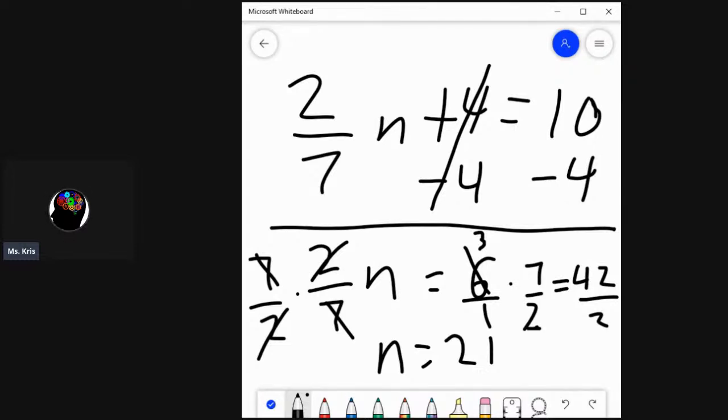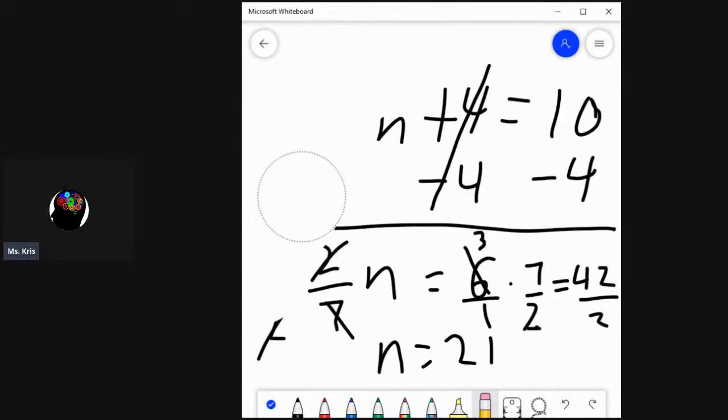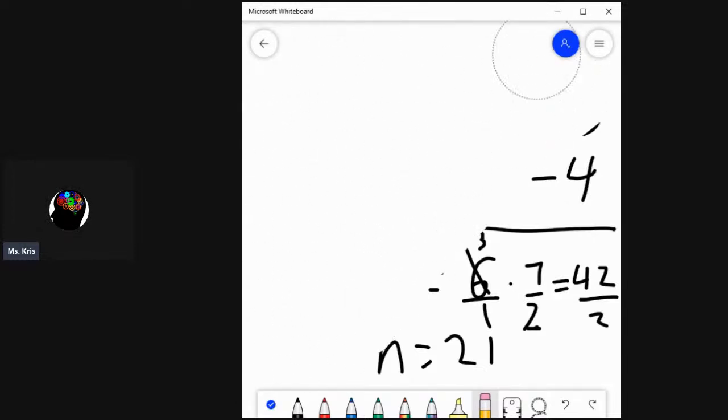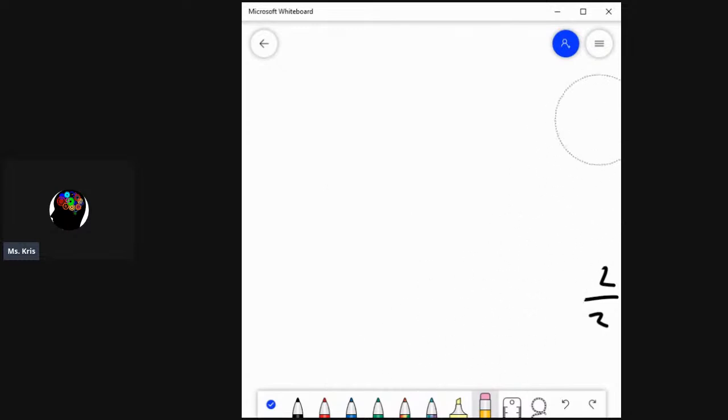All right. Moving on to the next subject, which of course means we are going to solve multi-step equations. Now the question would be, why would the algebra book go from 1 step, 2 step, and then multi-step?